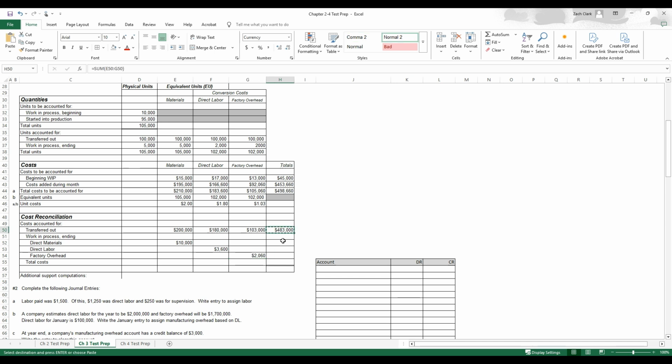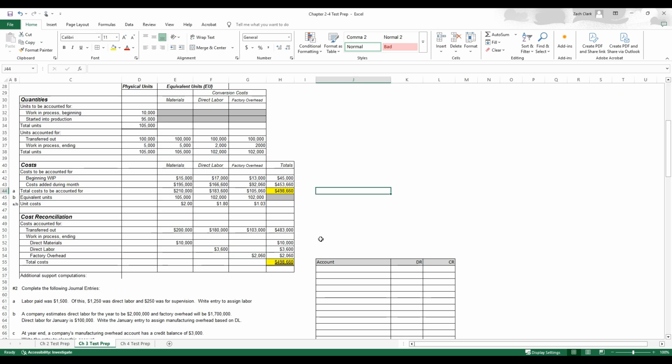Okay, and then we're just going to bring those over to the column here, add the total costs up, including the amount transferred out here, and all the stuff that's in WIP, and you can see that we reconcile. These two amounts agree, and that's what we want to see.